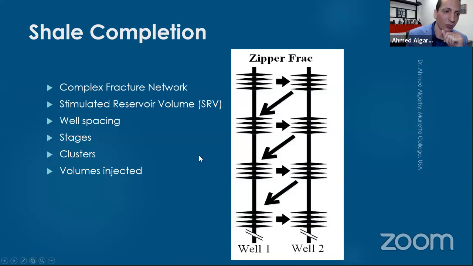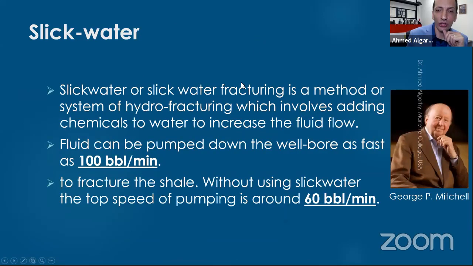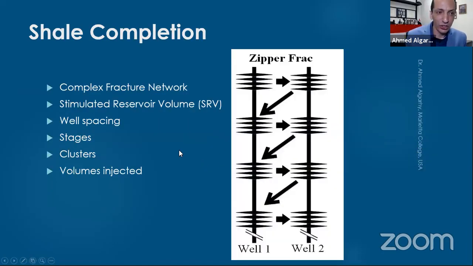Let me tell you something about shale completion. Whenever we say shale completion or unconventional completion, it means I'm talking about hydraulic fracturing. We don't use the same logic we use when we frac a sandstone formation. Why? Because this is an unconventional reservoir.